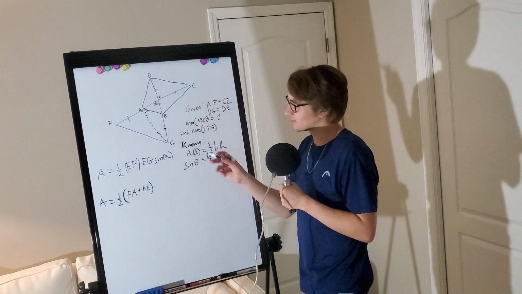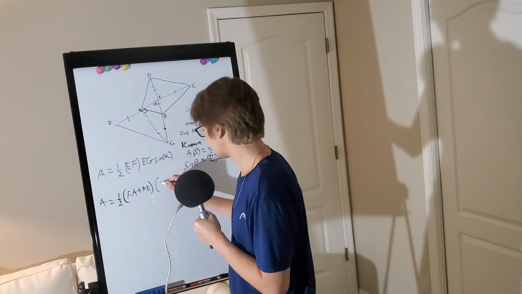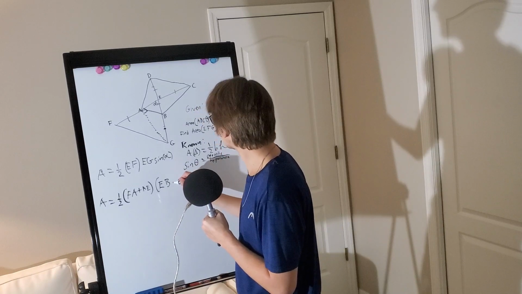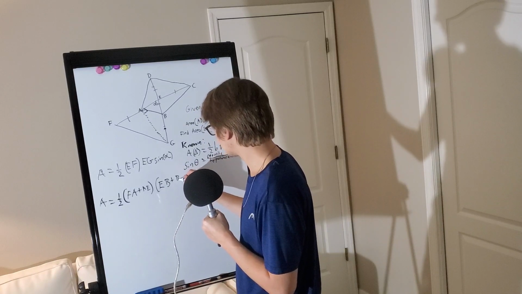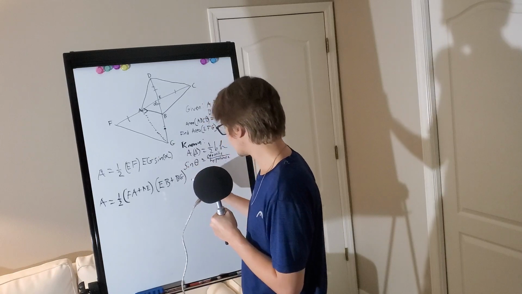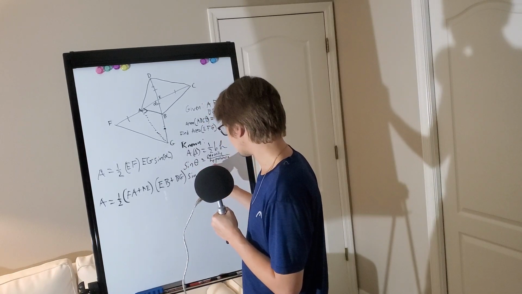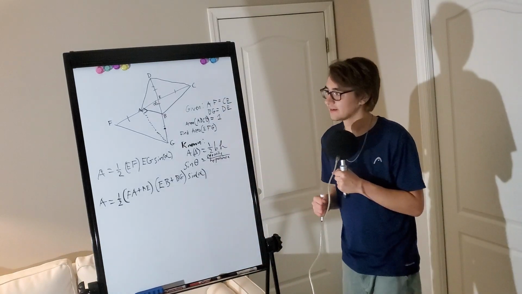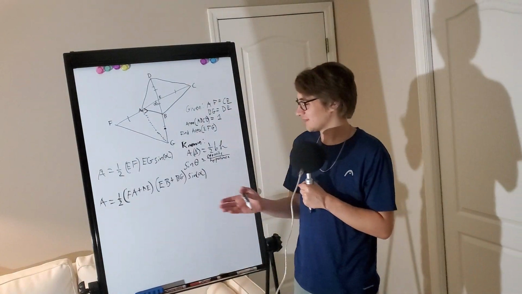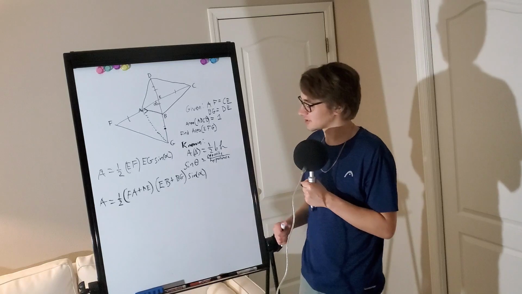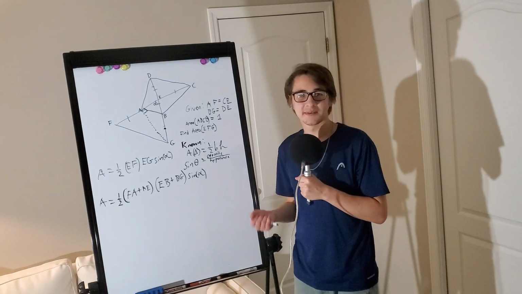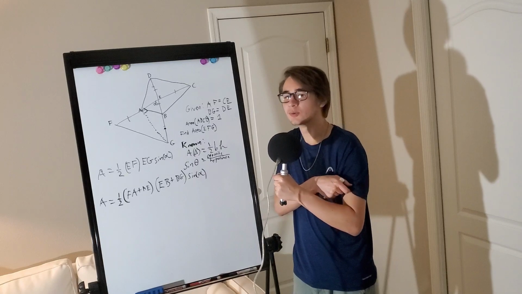And then we'll do the same for EG. Then we've got the sine of alpha. Let's not forget that. Okay, cool. All right, so now I have this nice big long expression for the area, but we don't really have anything to do with it.